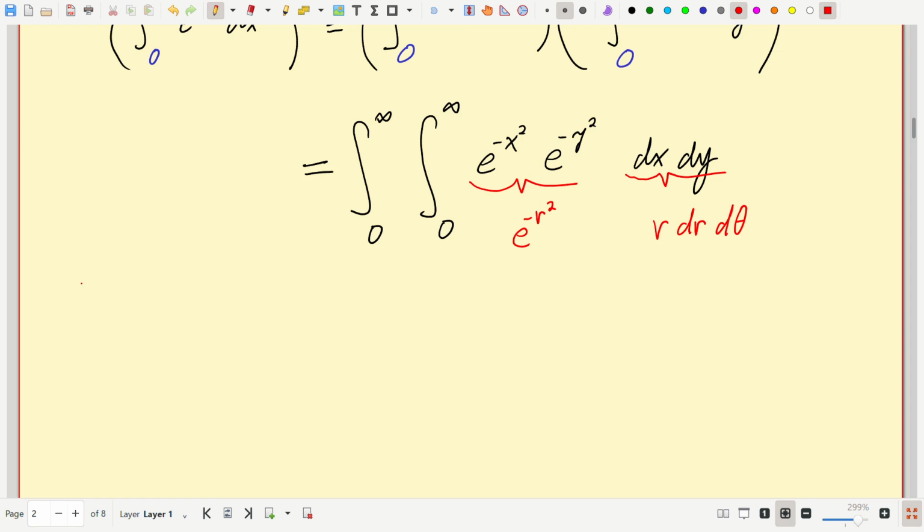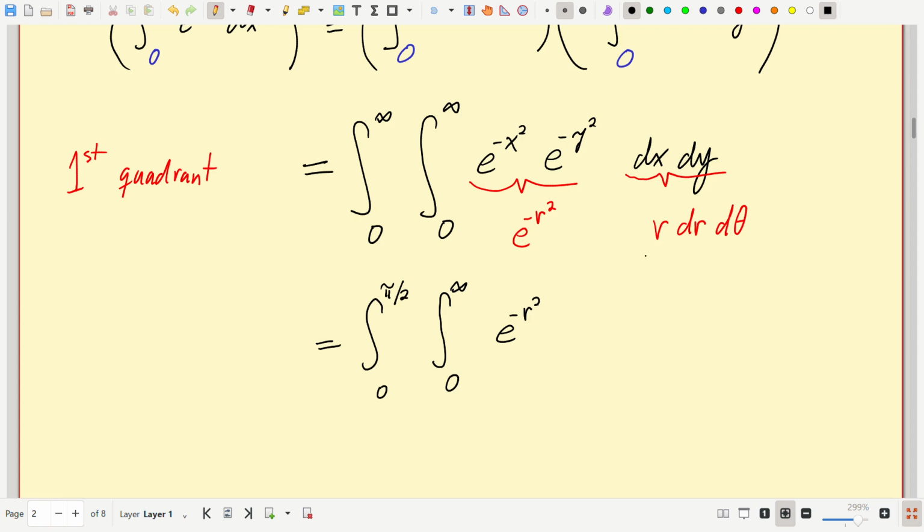And that's the first quadrant. So in polar coordinates, this integral is equal to the angle theta going from 0 to pi over 2, and the radius going from 0 to infinity, and I'm going to get e to the minus r squared r dr d theta.